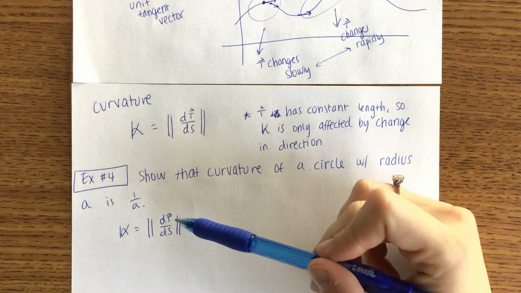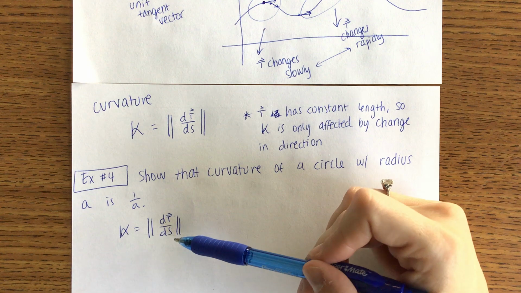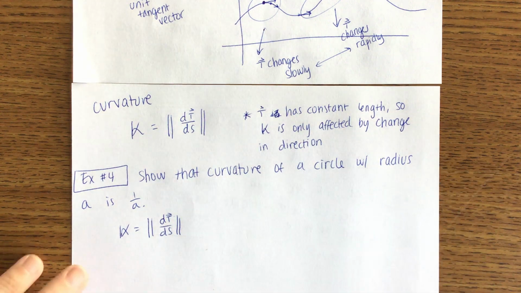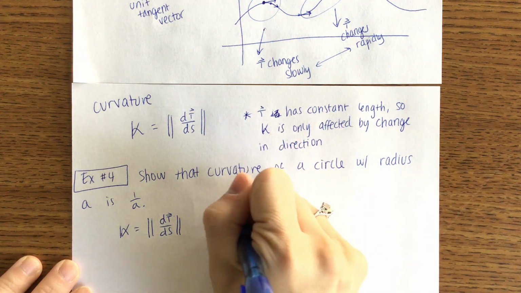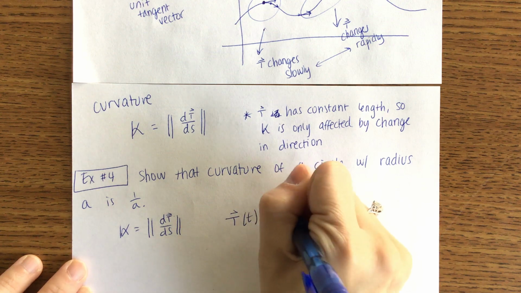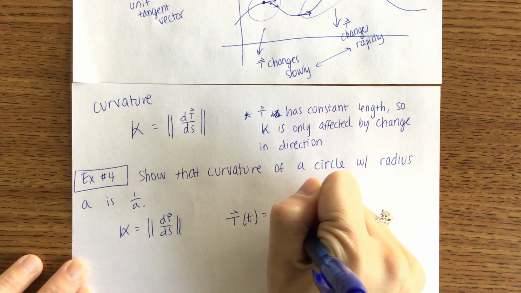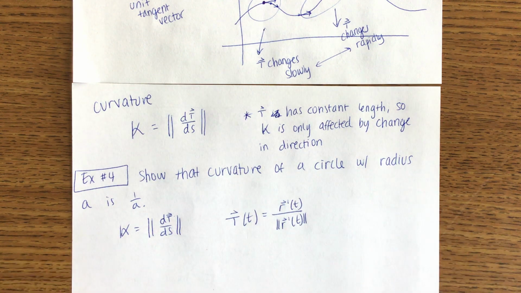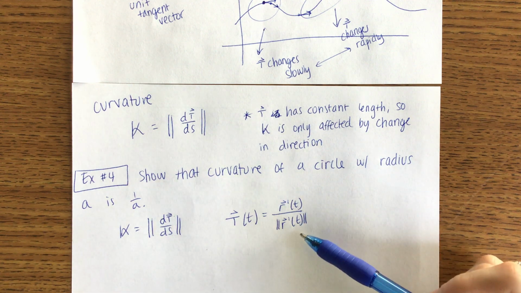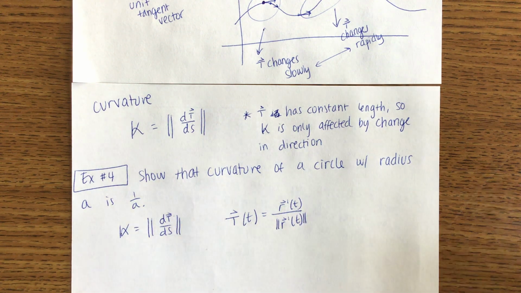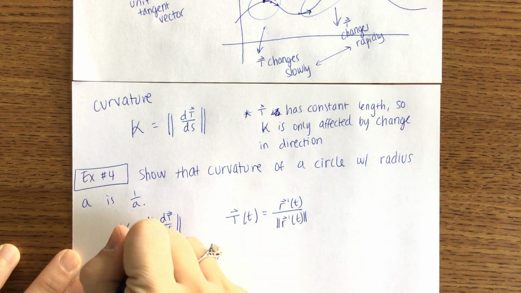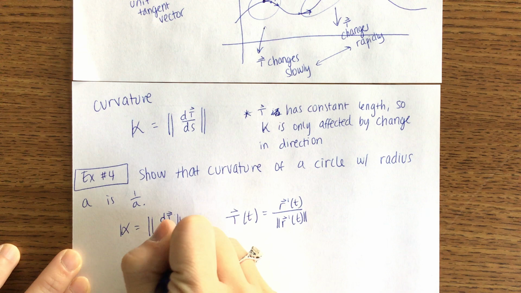So we're going to need the unit tangent vector in terms of s so that we can take the derivative. We also know, as we wrote above, that the unit tangent vector is going to be r prime of t over the norm of r prime of t. So we're going to have to get our unit tangent vector in terms of s, and then we're going to have to be able to take the derivative. So probably the best way to start is to figure out what r of t is.